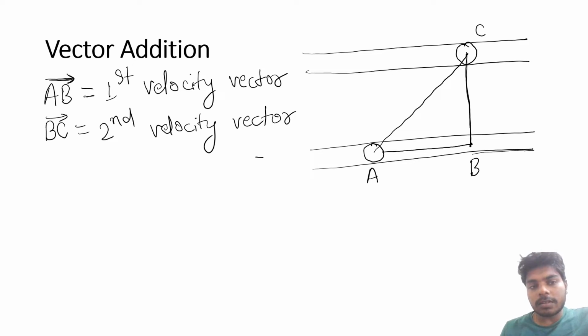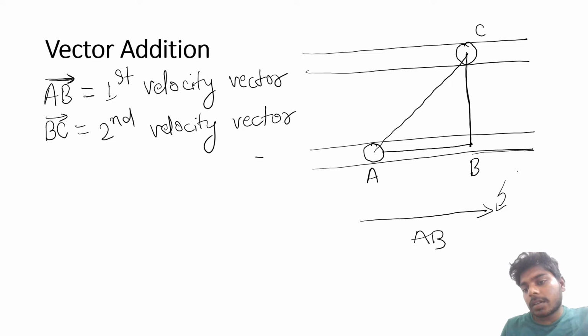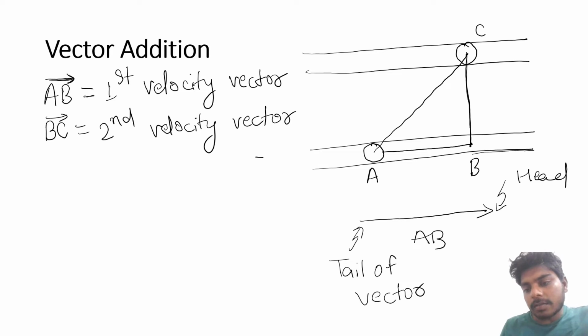Oh, in the previous slide, I forgot to tell you: if some vector is represented like this, like AB vector, then the arrow is called the head, and this is called the tail of the vector. This is the head of the vector, this is the tail of the vector.